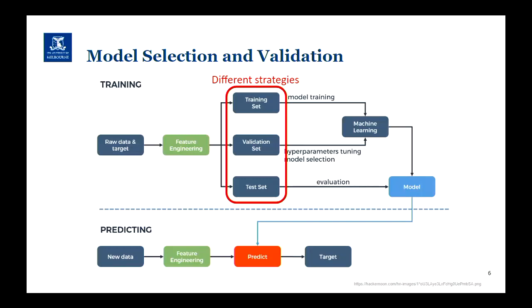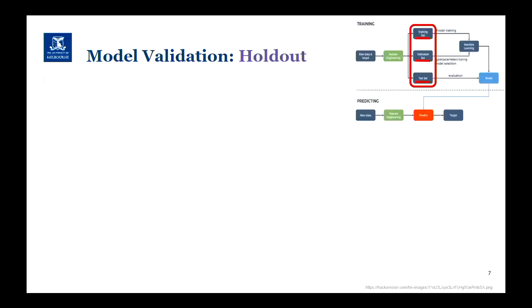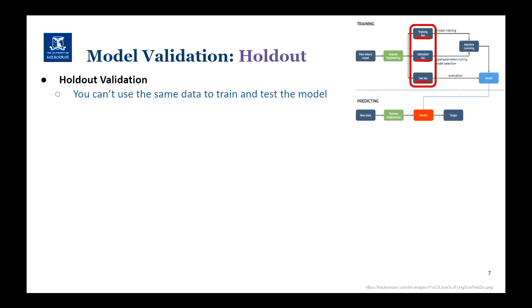When we divide our data set into three groups like this, it's called holdout. Okay? So it's one type of validation. So holdout validation is important because we can't use the same data we train on to test the model. Okay? So if you use the same data points to train and to test the model, that's called cheating, right?